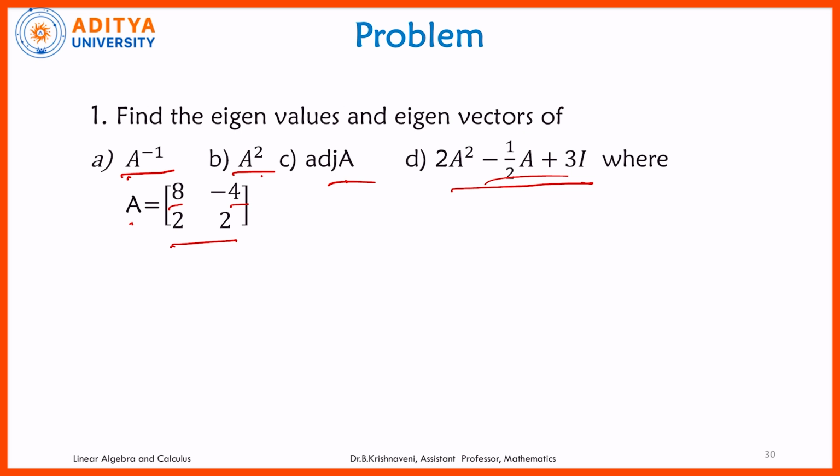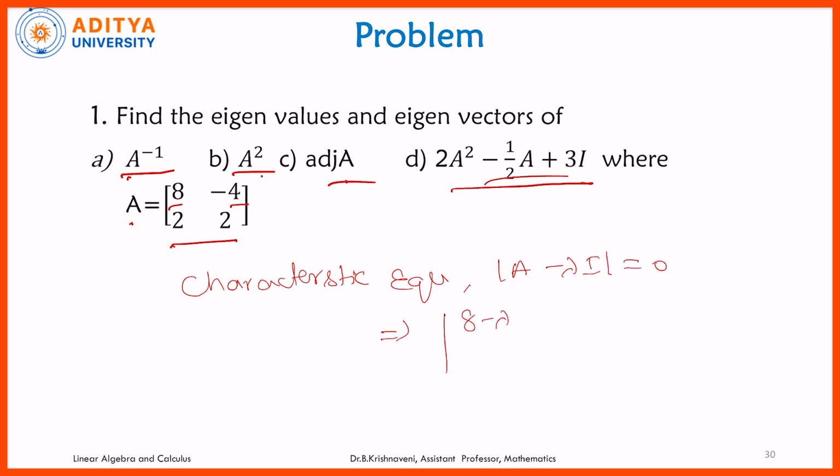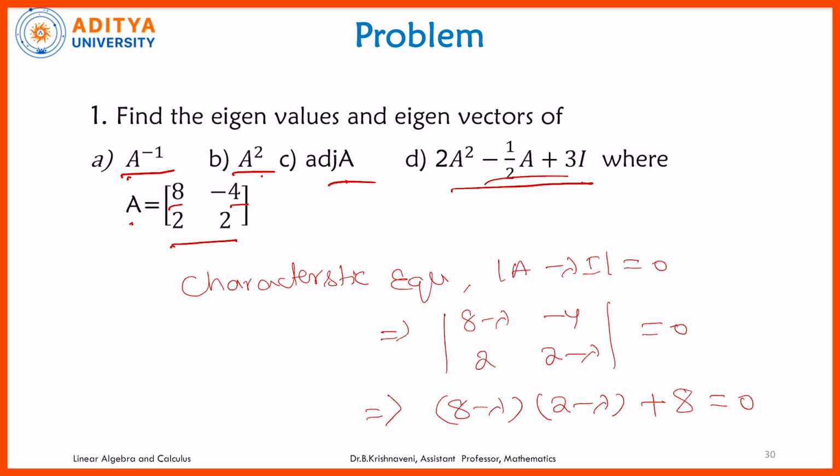For that, first we need the characteristic equation. The characteristic equation is det of A minus lambda I is equal to 0, which is the det of 8 minus lambda, minus 4, 2, 2 minus lambda, equal to 0. Finding the determinant of the 2 by 2 matrix, you get (8 minus lambda) into (2 minus lambda) minus (minus 8). Minus of minus is plus 8, which is equal to 0.